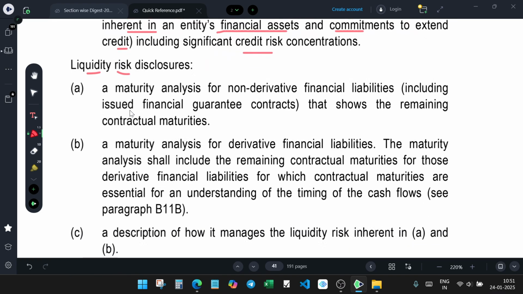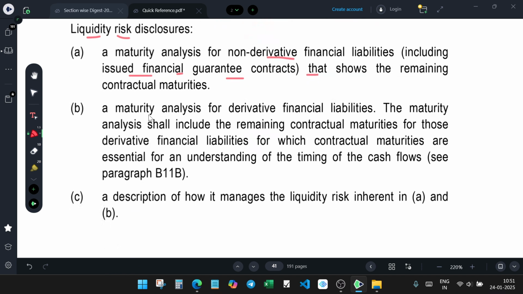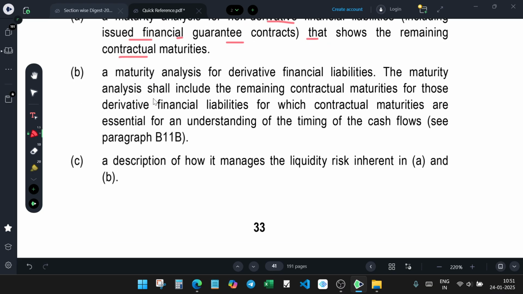Liquidity risk disclosure. The maturity analysis of non-derivative financial liabilities, including issued financial guarantee contracts, that shows the remaining contractual maturities.